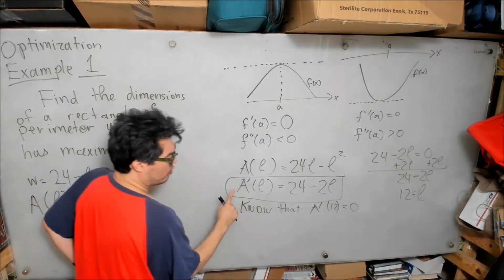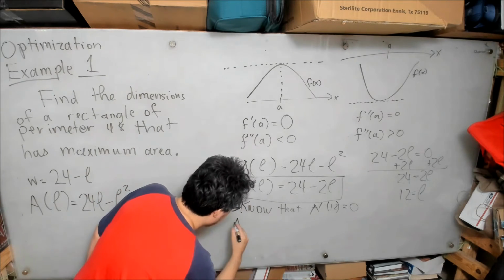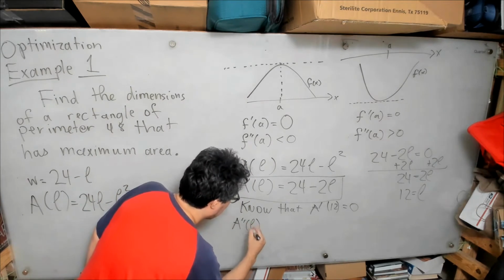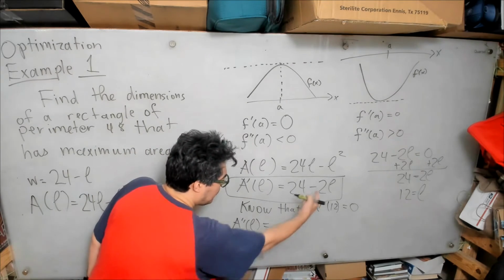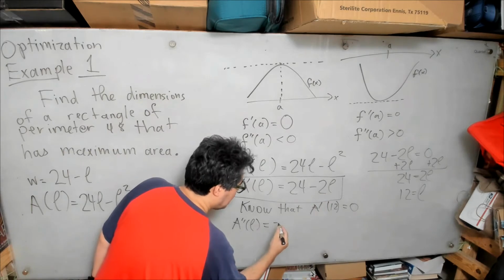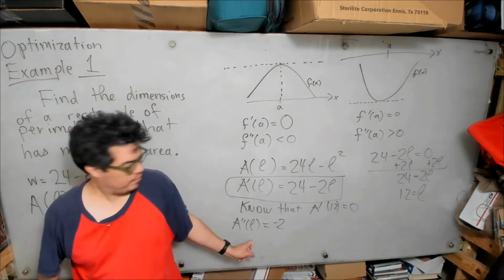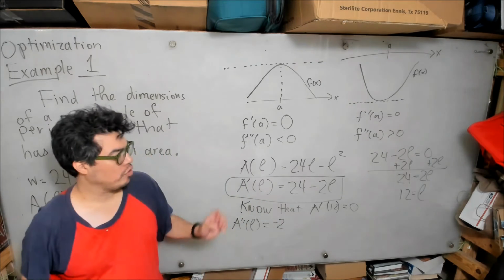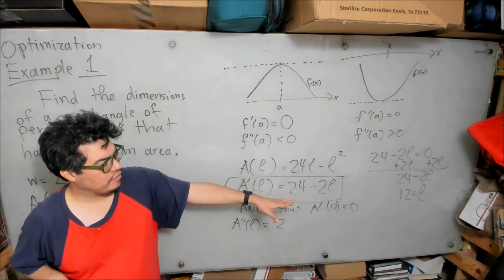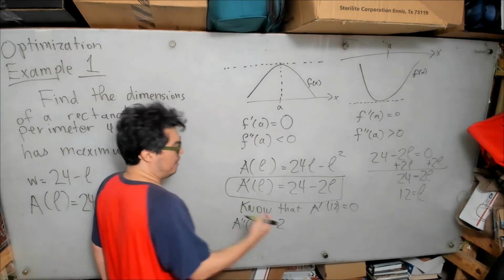So let's take the derivative of A prime of L. Okay? So A double prime of L, the second derivative of the area function with respect to L, is going to be, if you look at this function, negative 2. In this particular case, we can see that the derivative is negative 2 irrespective of the value of L. And so in particular, we know that at this value L equals 12, A double prime of 12 will be in fact negative.